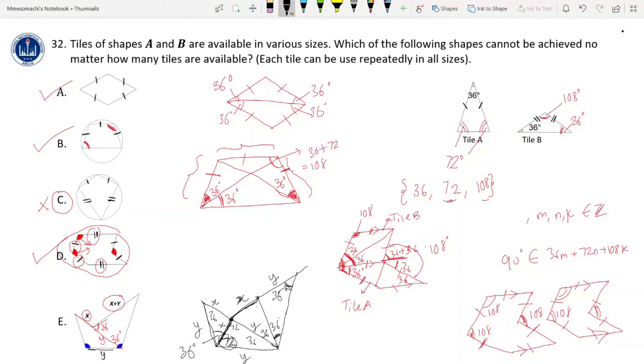So I'll just erase some things here to show how this can be formed. Look at it: 72, 72, angle bisector 36, 72, 36. So X, X, Y, Y. Okay. So this is how we can get a tile of type E. So our answer is option C. Okay, and we'll stop here for today. See you in the next video.